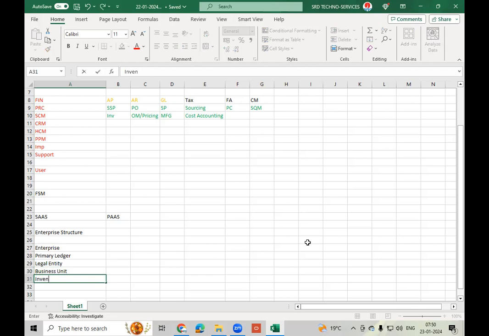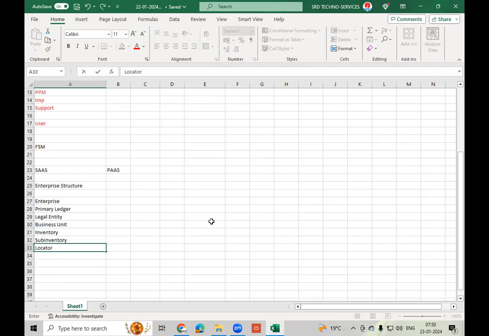Next is inventory, then subinventory, and next locator. See, this is the structure. Different levels are there.